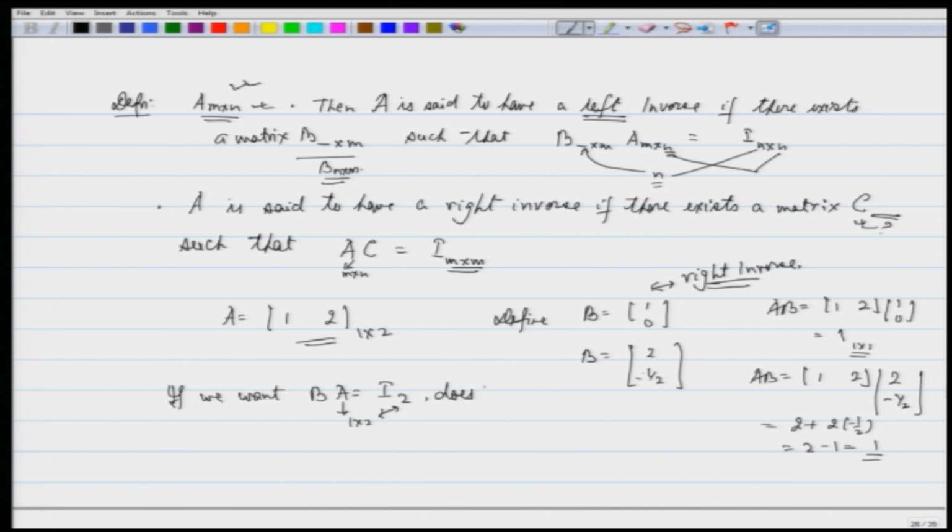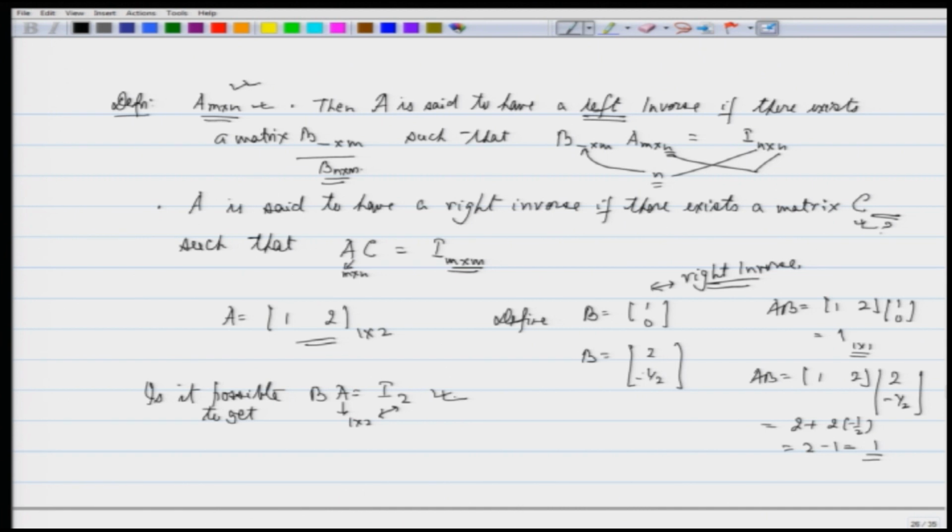If we want this, then can we get such a B? Is it possible to get a B satisfying this property?